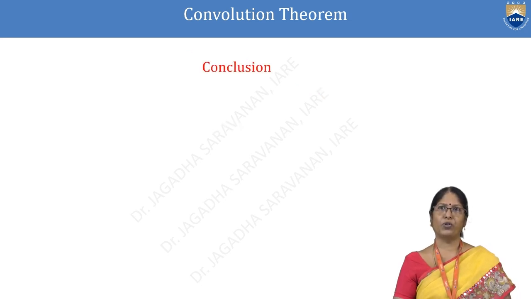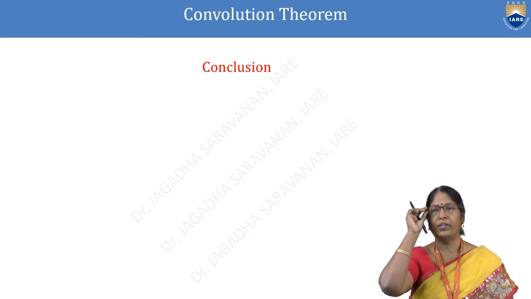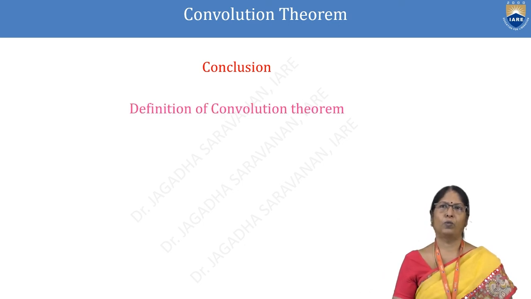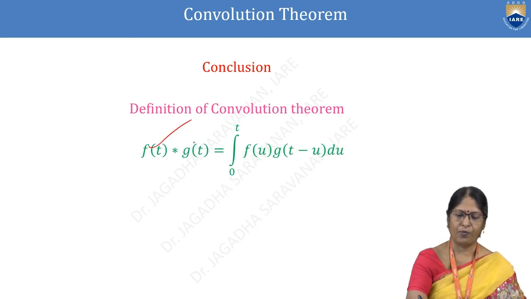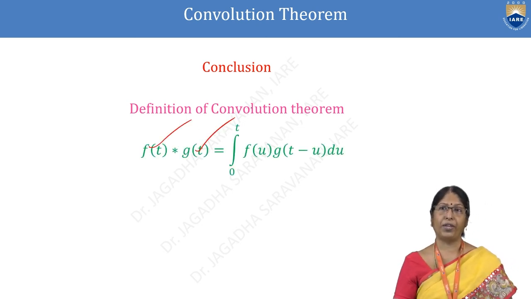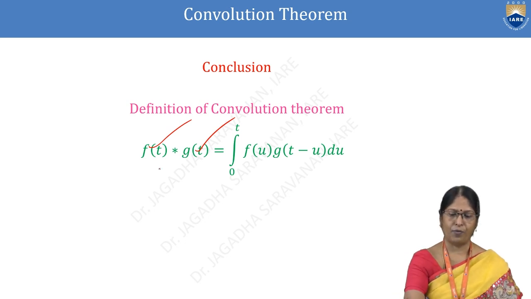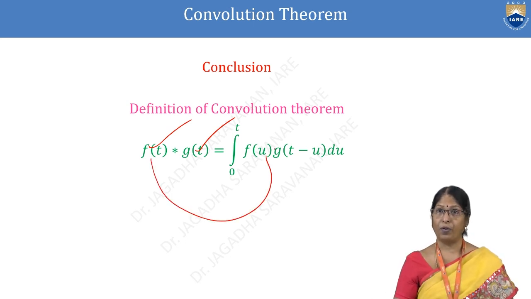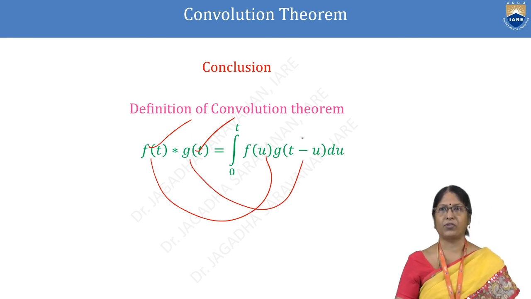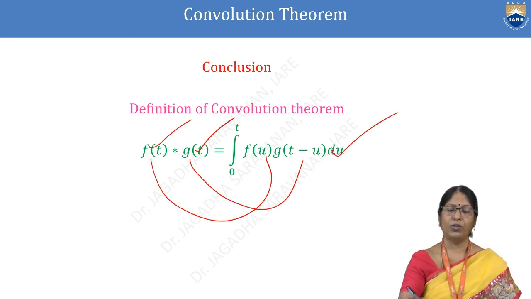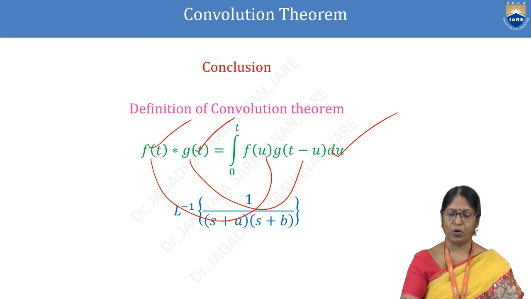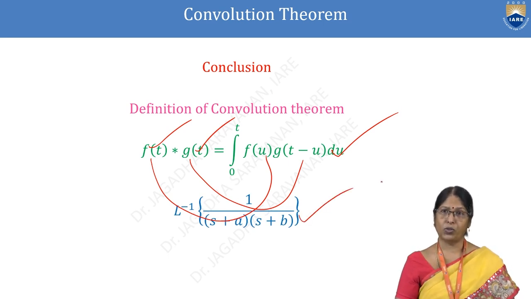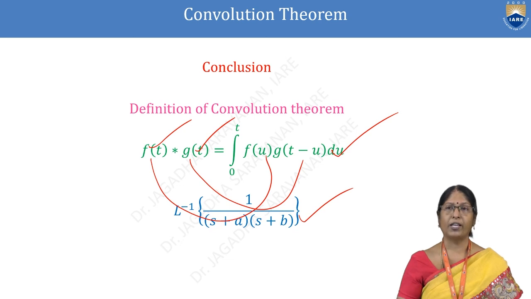Yeah, we will come to a conclusion of this topic, the convolution theorem. First, what is the definition of the convolution theorem formula? The product of f bar of s and g bar of s is nothing but the integral with f of t expressed in terms of f of u, and g of t expressed in terms of g of t minus u, and we do the integration with respect to u from 0 to t. We considered a problem: L inverse of 1 by s plus a into s plus b.